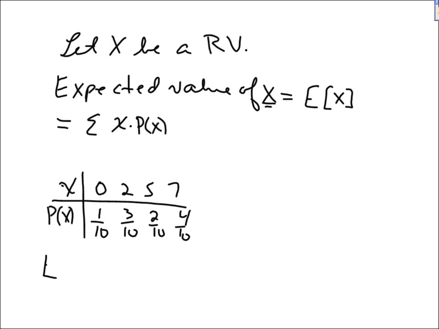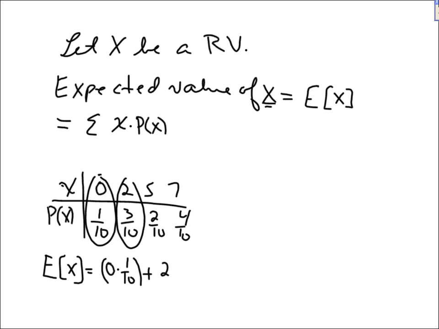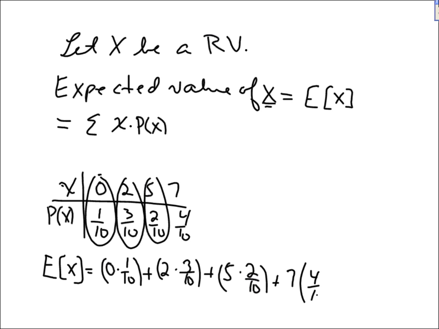So the expected value, E of x, is just multiply x by P of x. 0 times 1/10, which is 0, plus 2 times 3/10, plus 5 times 2/10, plus lastly 7 times 4/10.